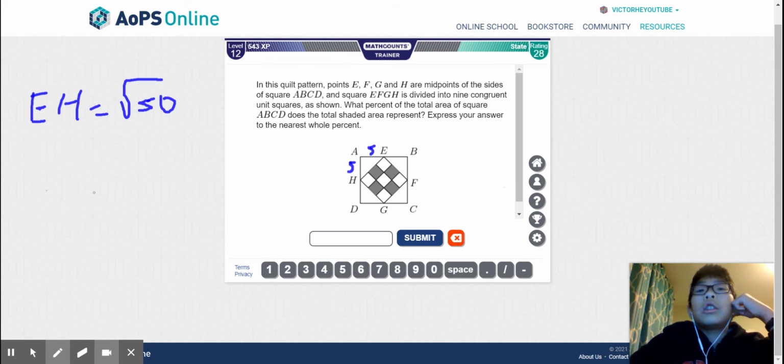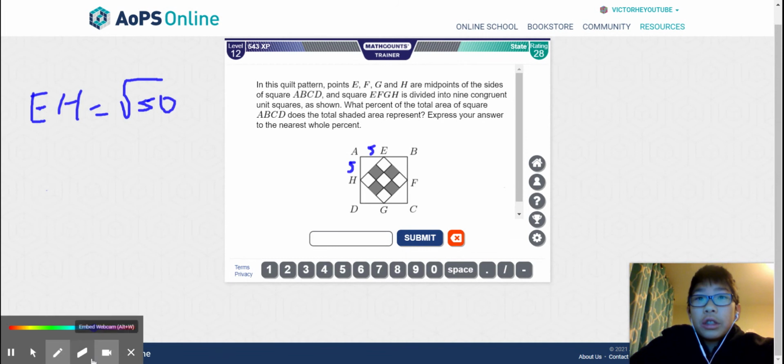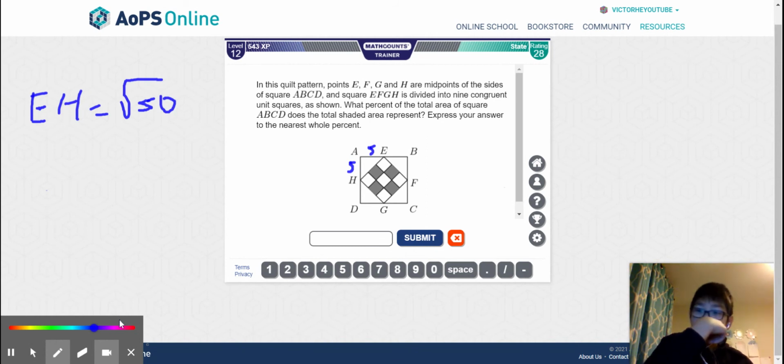So that means the area of EFGH is 50, because the side is square root of 50. And there are 4 out of 9 squares shaded, so it is 4 over 9 times 50, which is 200 over 9.